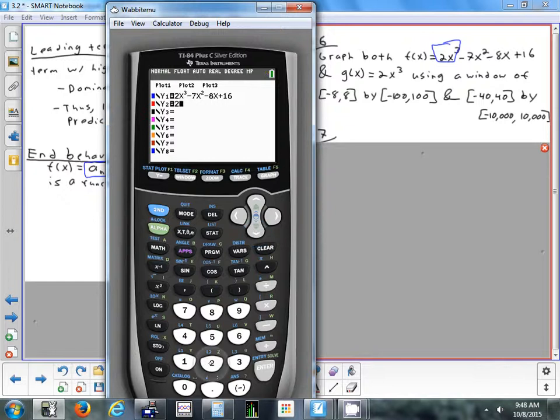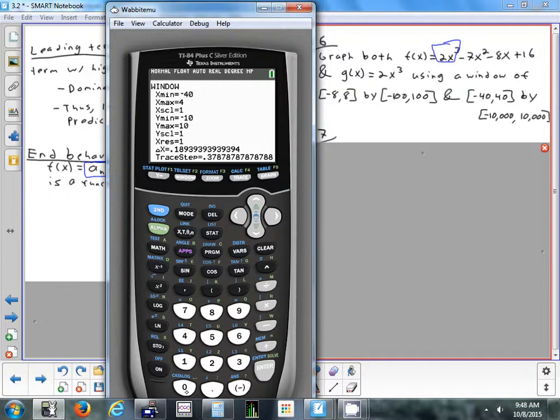Okay, and I'm going to graph just 2x cubed. Now, if I look at it zoomed in, do those two graphs look the same? They don't even look close, right? That's because I'm zoomed in. I'm looking at the small picture. Let's zoom out. Look at the big picture, and they're going to look almost identical.